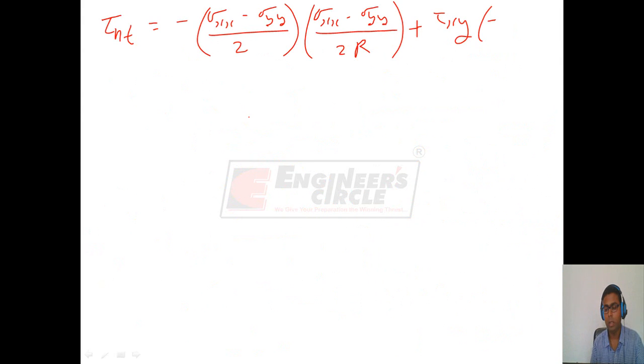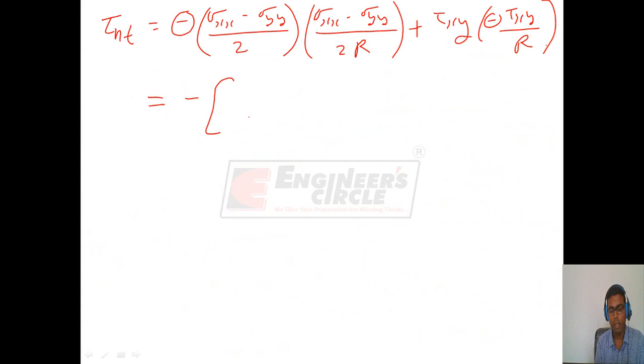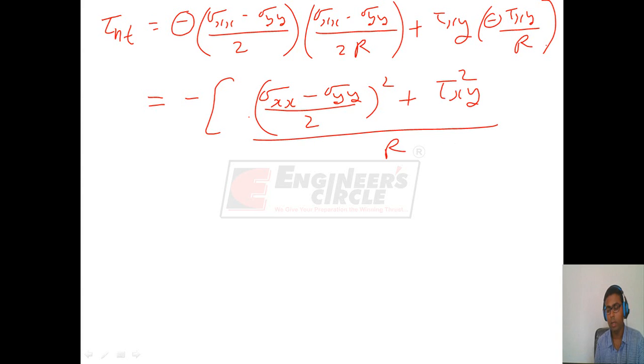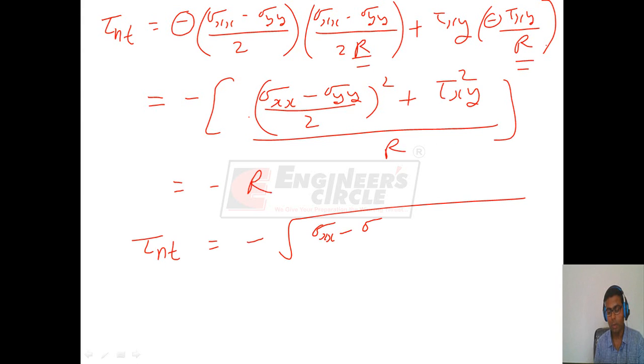So we get minus tau xy by r. This minus and this minus can be taken common from the entire equation, and we get ((sigma xx minus sigma yy) by 2) whole square plus tau xy square, whole divided by r. This r is common in both the terms. The numerator is r square, denominator is r, therefore we get this as minus r. Therefore tau nt is equal to minus root of ((sigma xx minus sigma yy) by 2) square plus tau xy square.